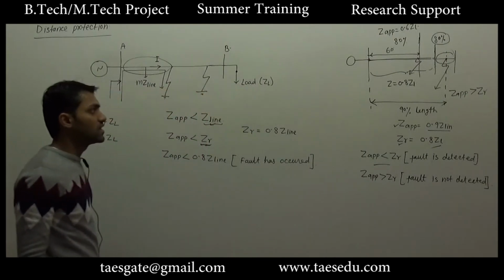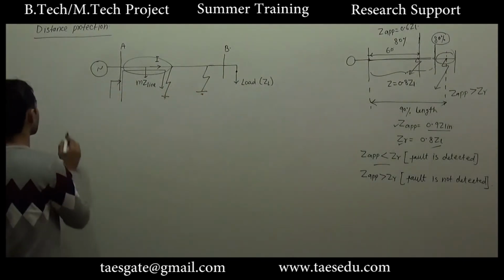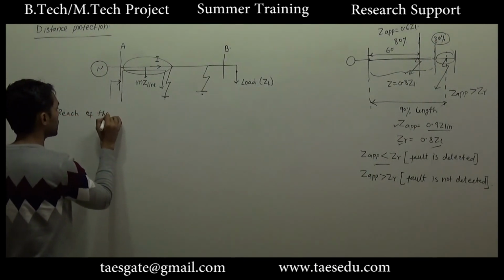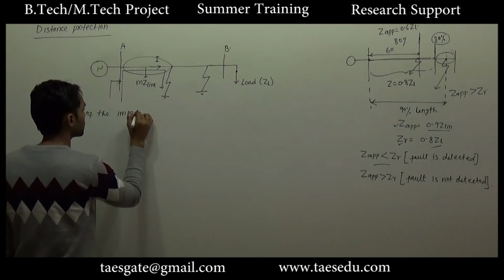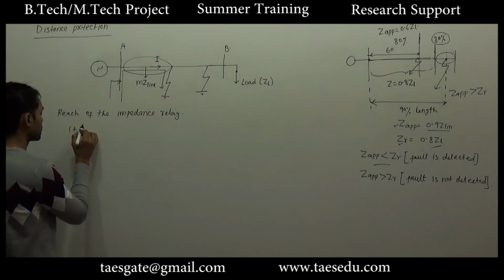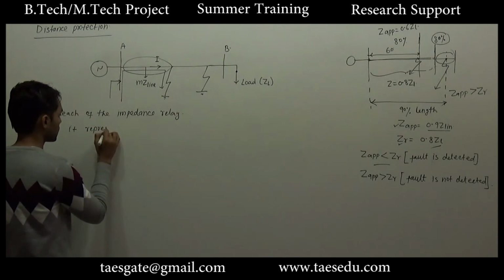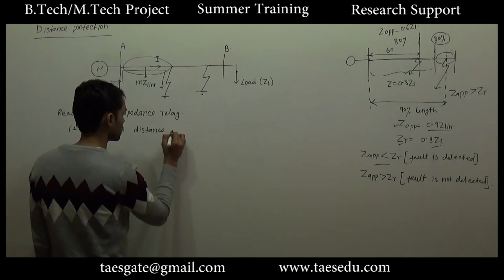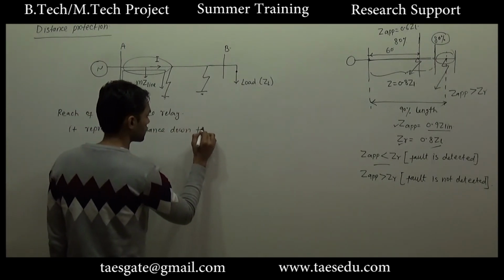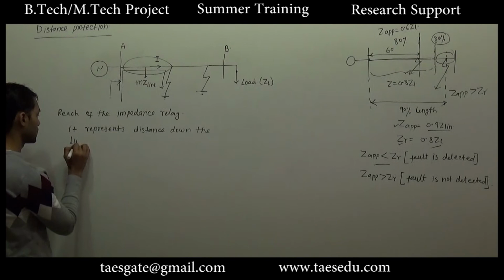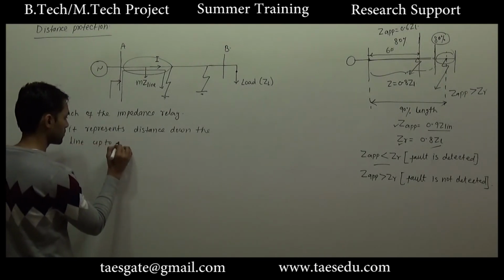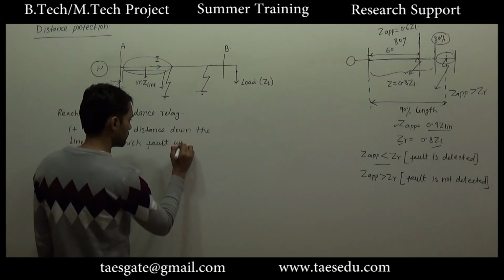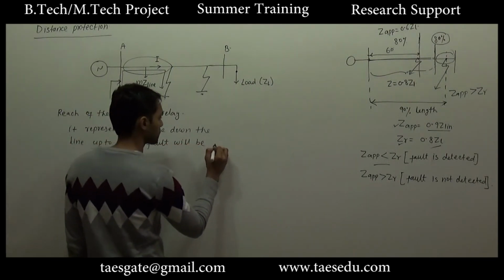So here we will define the reach of the impedance relay. It represents the distance down the line up to which a fault will be detected.